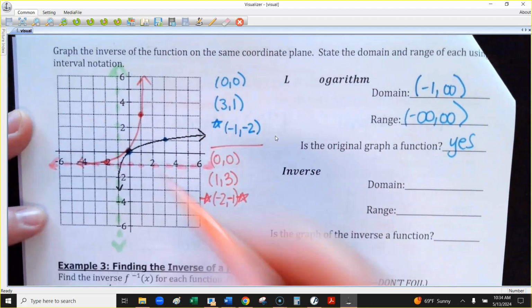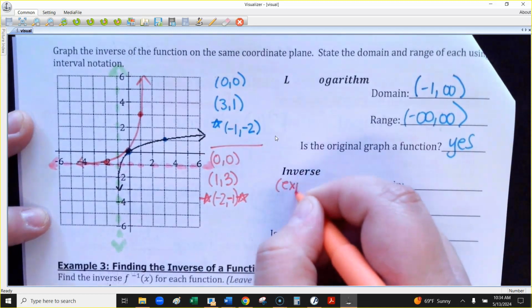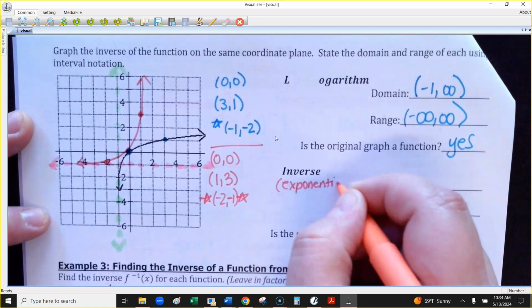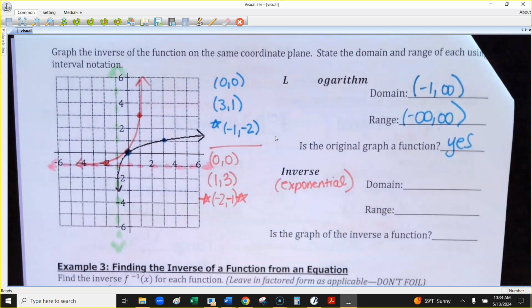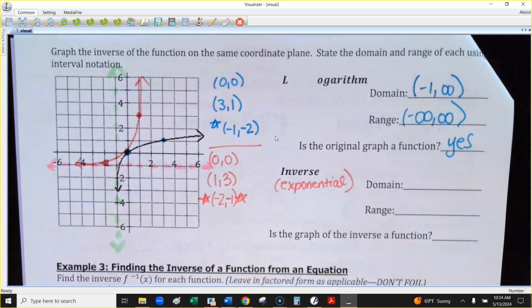The inverse here, this is actually an exponential. It'll be exponential growth in this particular instance. It's going to get really close to that. I don't actually touch that point, -2, -1, but that's the best way I can get you to the asymptote there. It's still a reflection over that line y equals x.